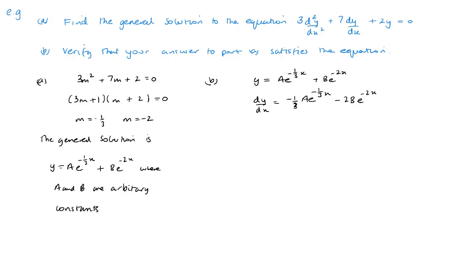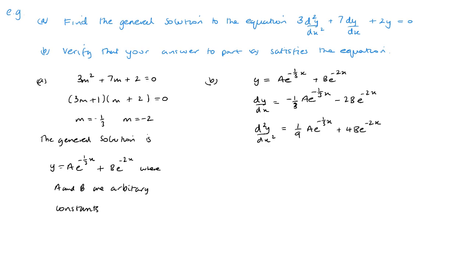And then I differentiate a second time to get d2y by dx squared. Bringing the minus third down, this becomes plus 1/9 a e to the minus 1/3 x, and this becomes plus 4b e to the minus 2x.